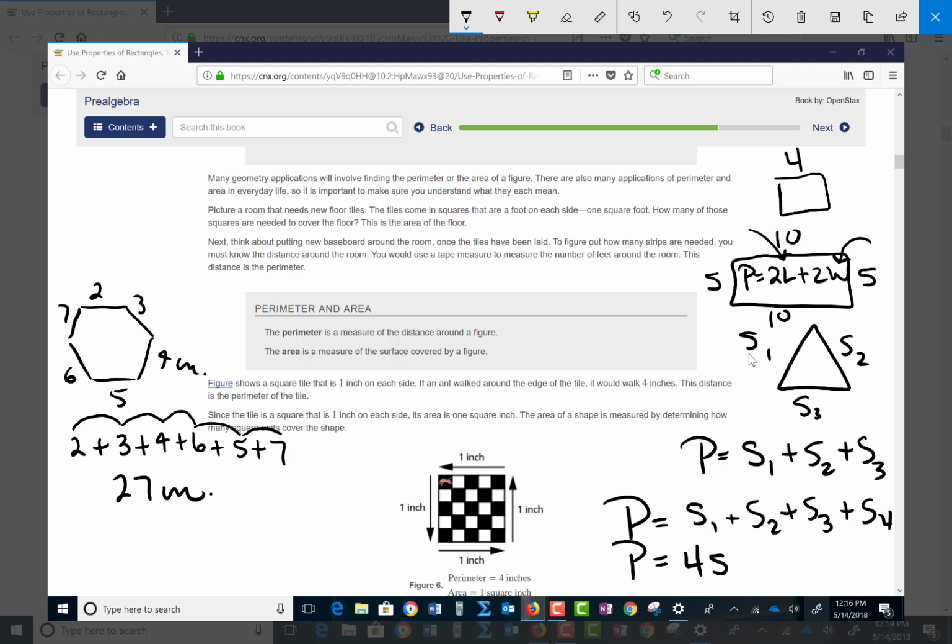And if I were to add these numbers up, 10 plus 10 plus 5 plus 5, I would still get 30. So those are the 3 formulas that you need for your perimeter.